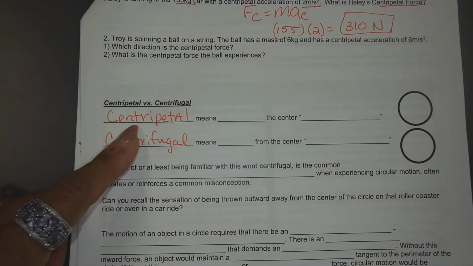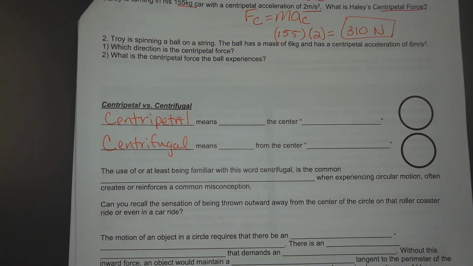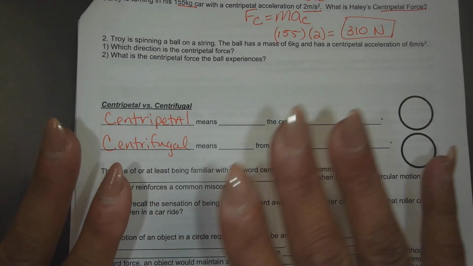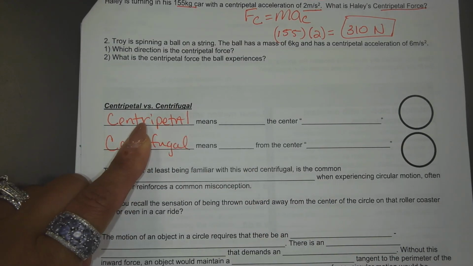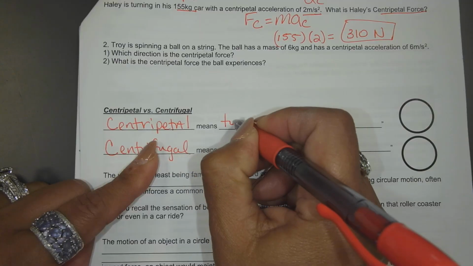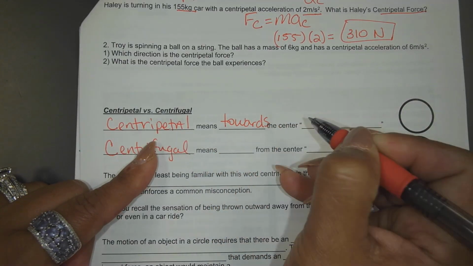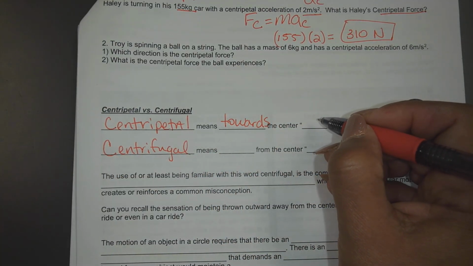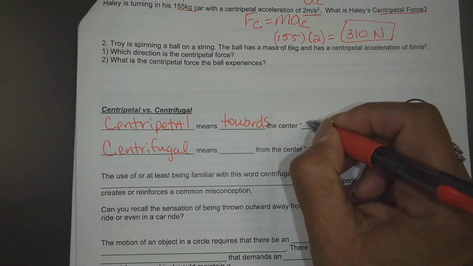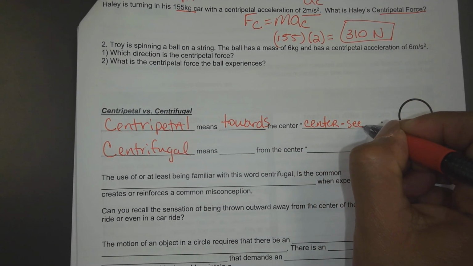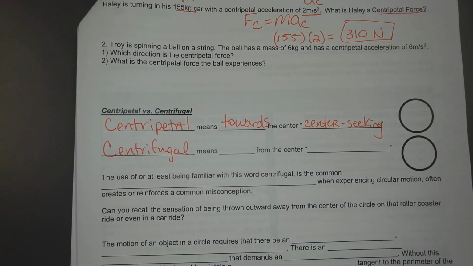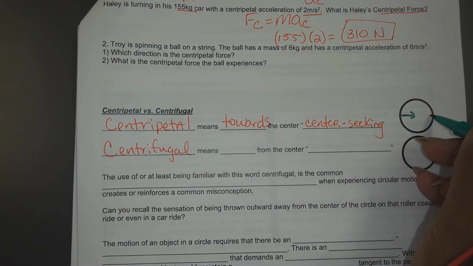So the word centripetal force, centripetal acceleration, centripetal velocity, centripetal speed, I don't care. As long as it has the word centripetal in front of that, that means that it's always going to move towards the center of the circle. Or we call that in physics center seeking. It moves towards the center.